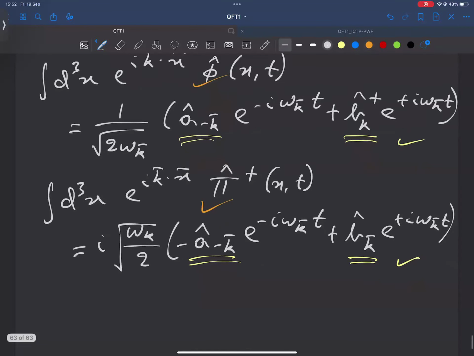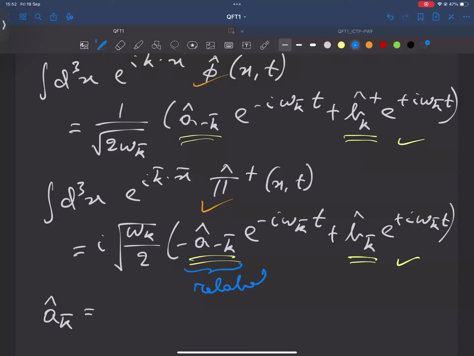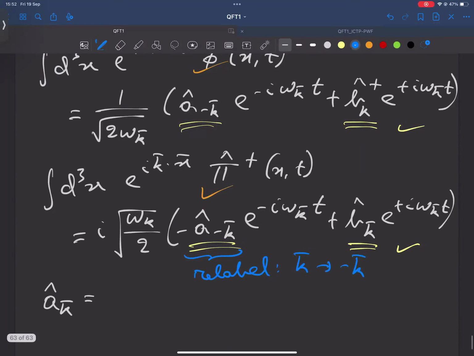And if you do that, you get a hat. Before doing that, you can relabel here. You do a careful relabeling of k going to minus k for the A oscillators, and similarly you change it wherever it appears.